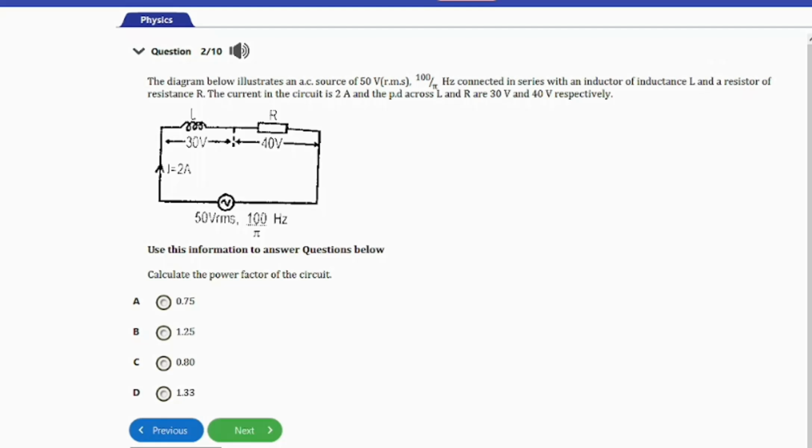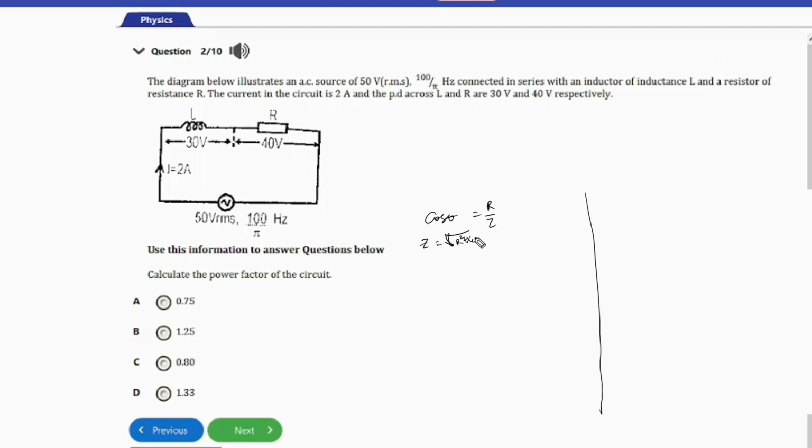So here, in order for us to calculate the power factor, we're going to use the formula power factor, which is cos theta, is equal to R over Z, where R is the resistance here, and for Z we can calculate using the square root of R squared plus X squared.